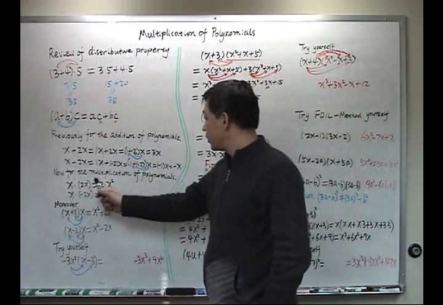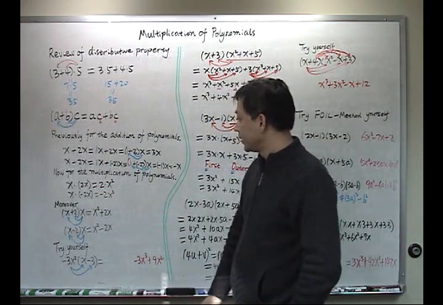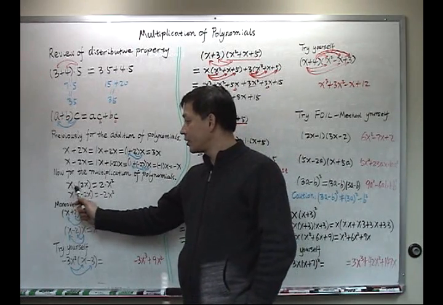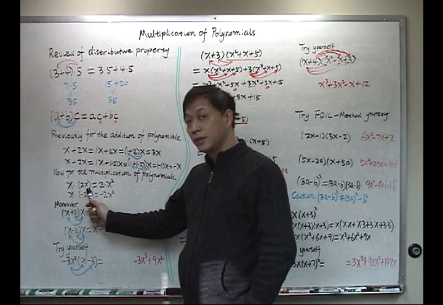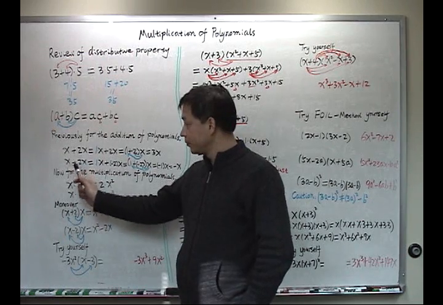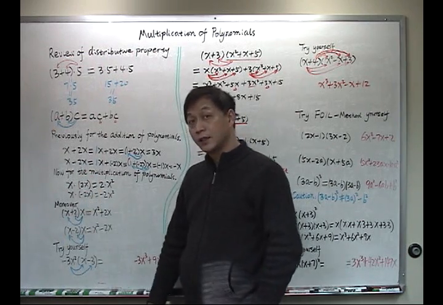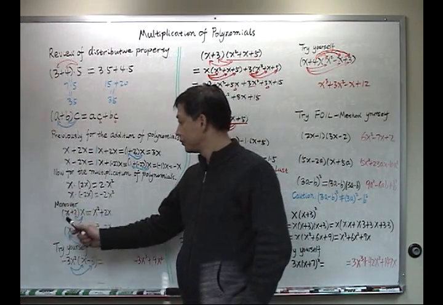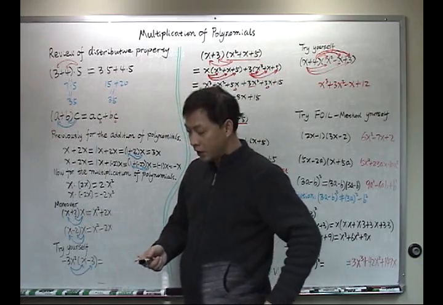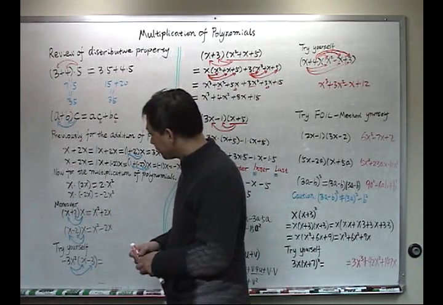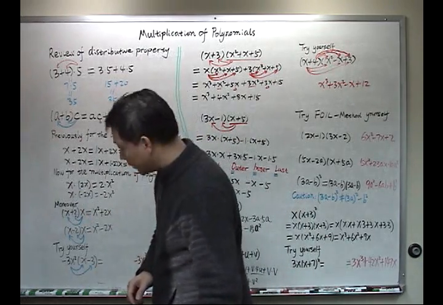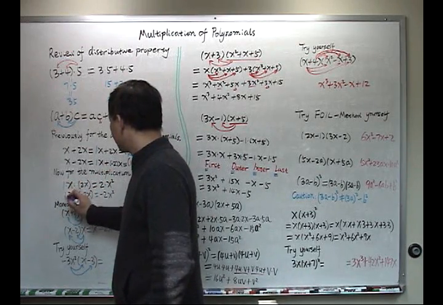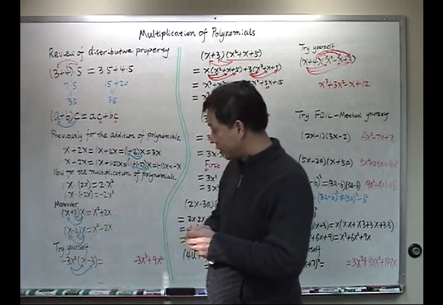For the multiplication of polynomials, I want to give you the first example, like x times 2x. Here is plus, here is times. So in this case, x is like 1x.